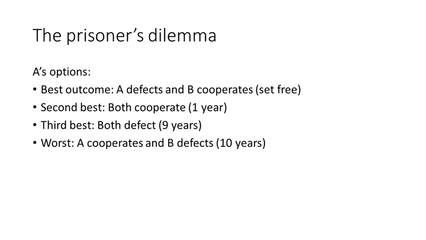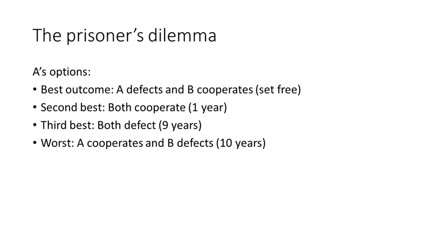So here are the possible outcomes for A, ranked in order of best to worst. This can be understood in game theoretic terms, in terms of rational choice theory, in terms of utility, rankings, and so on. Okay, so clearly the best outcome is if A defects and B cooperates.